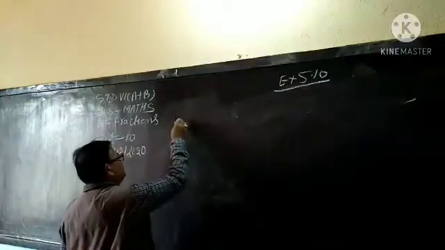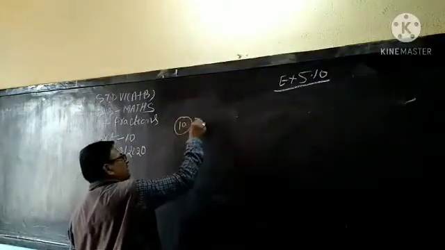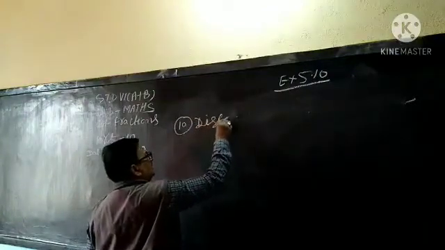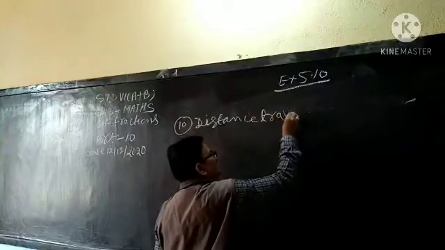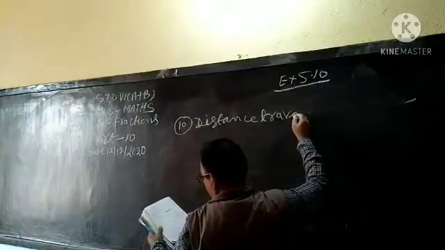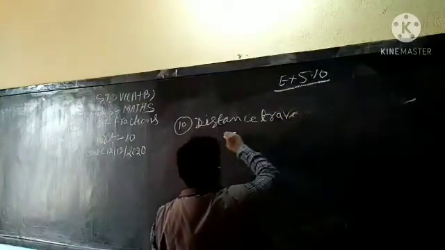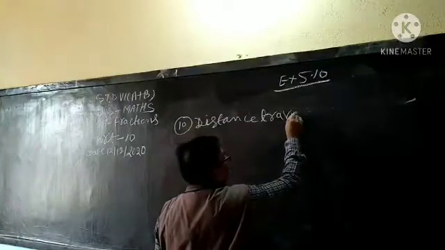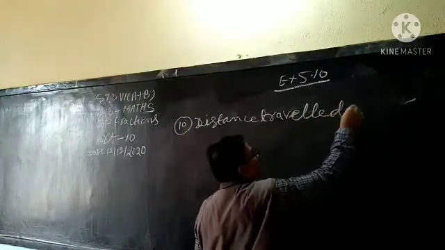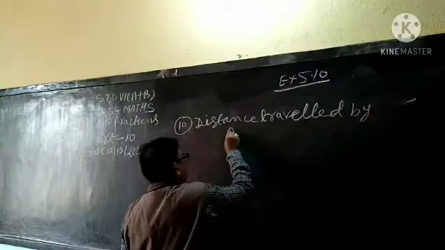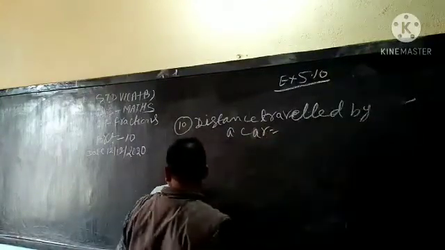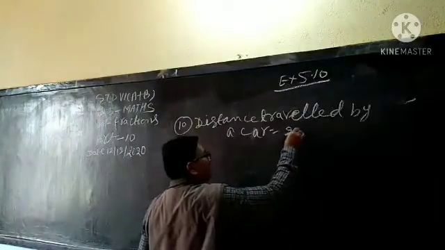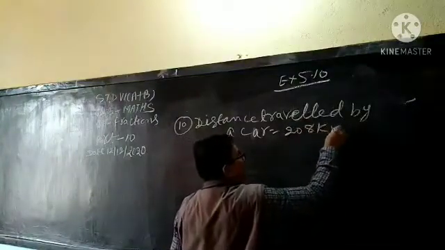Now question number 10. Distance traveled by a car is given, 208 kilometers.